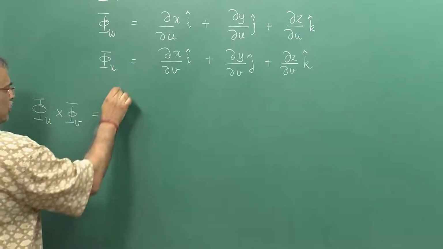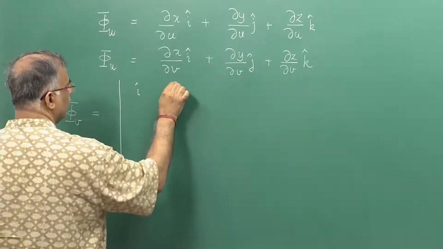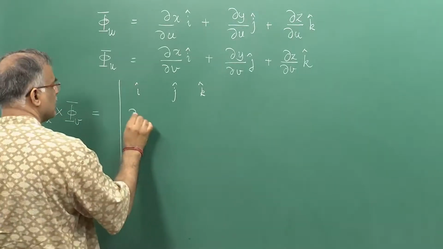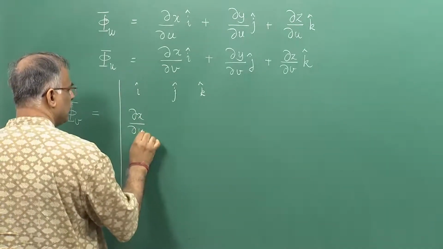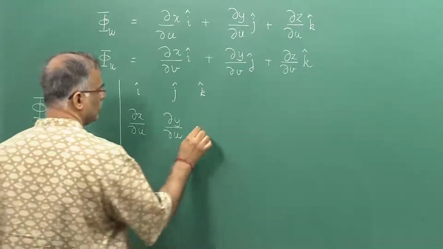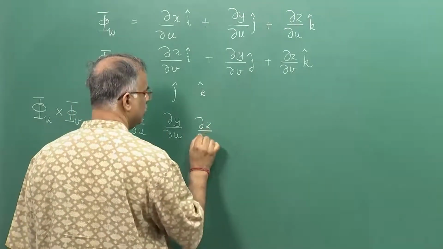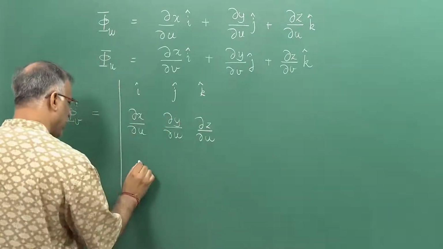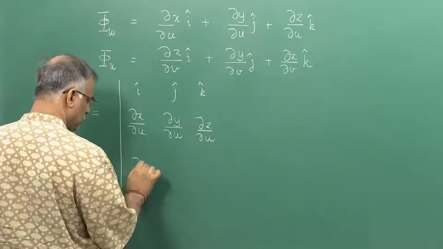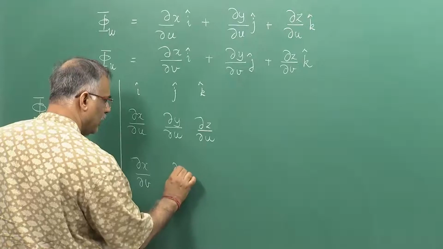So, you write down the cross product: it is the determinant with rows i vector, j vector, k vector; del x by del u, del y by del u, del z by del u; del x by del v, del y by del v, del z by del v.